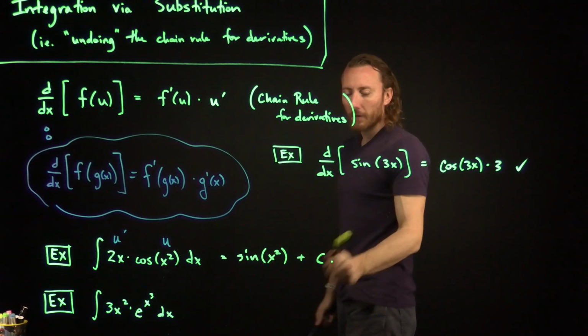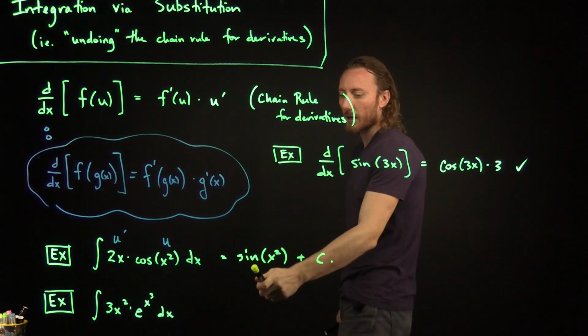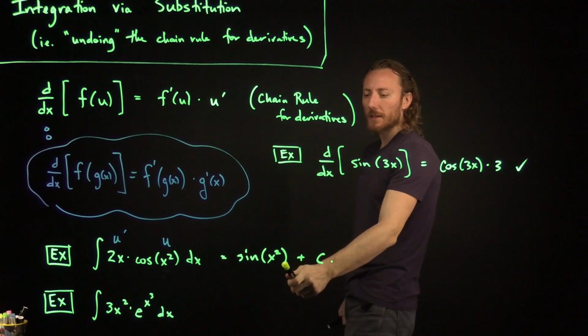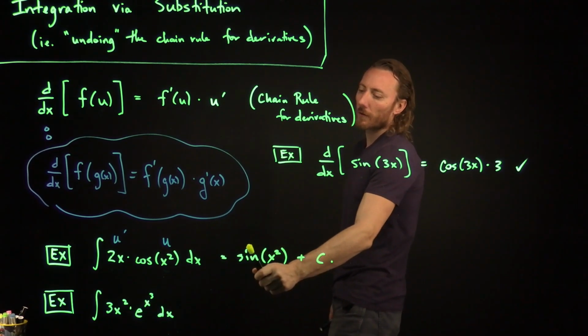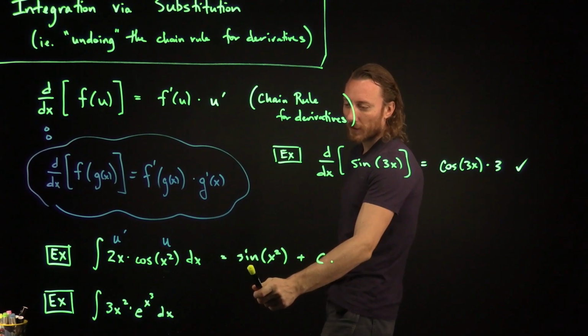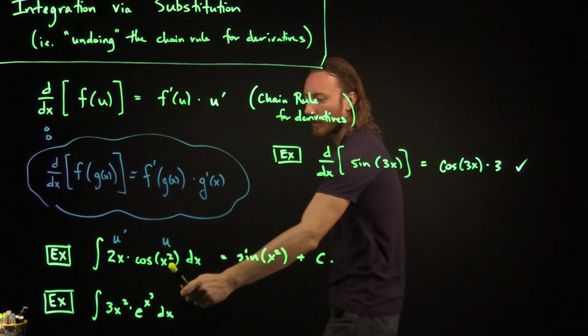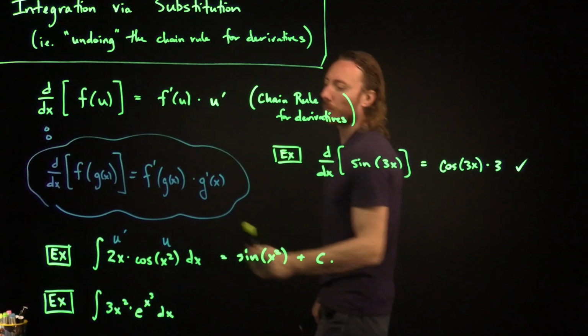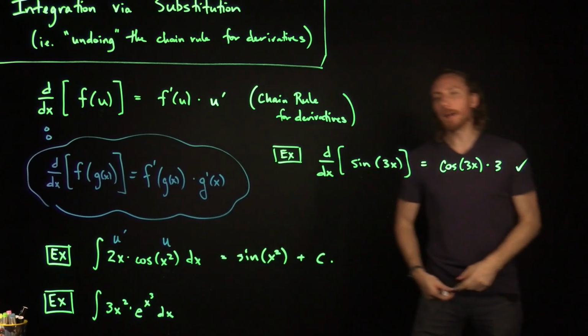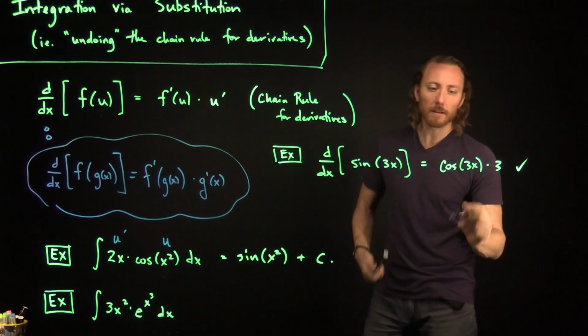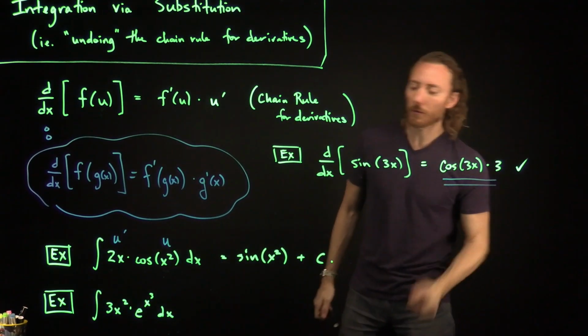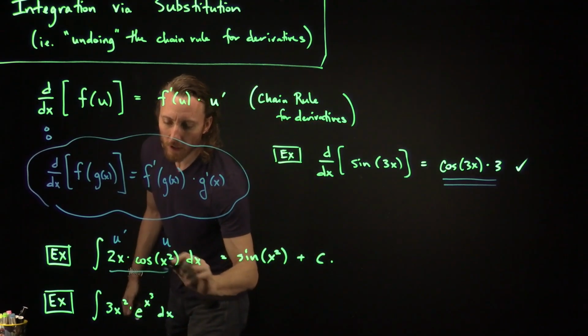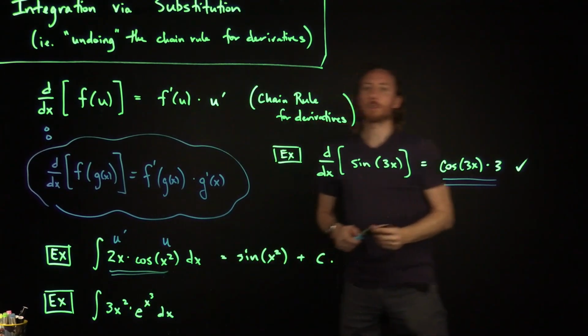If you took the derivative of this, of course the c just drops off. And when you take the derivative of sine x squared, using the chain rule, we first take the derivative of the outer function sine to get cosine. We leave the inner function alone, x squared. And then we multiply by the derivative of what's inside, 2x. So really, analogously to this cosine 3x times 3, is this expression cosine x squared times 2x.